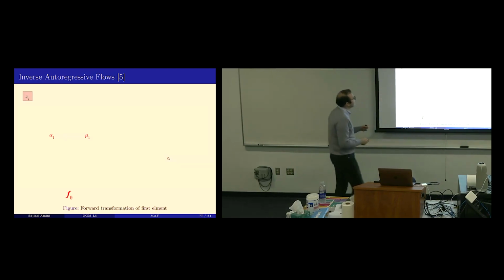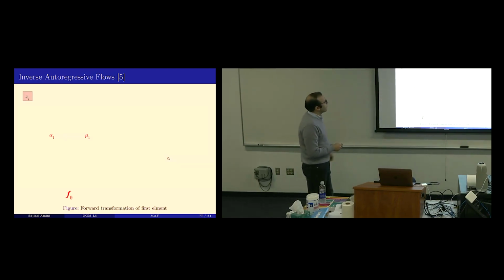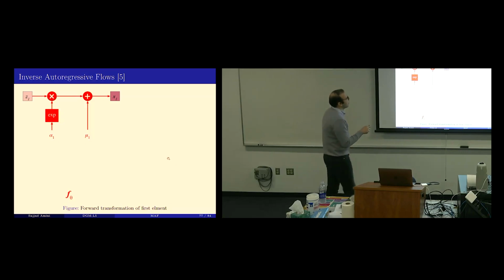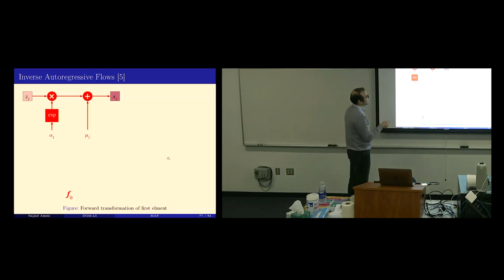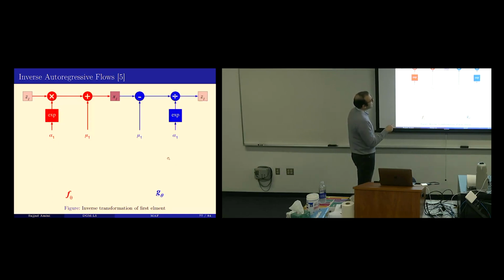Let's see it in a more visual way. So what happened? For the first element, these are two parameters of your transformation. It is multiplied by the exponent of alpha 1. Mu1 is added, and you generate x1. To invert this part, you have nothing to do because these are the model parameters, so you can invert the process and generate z1.